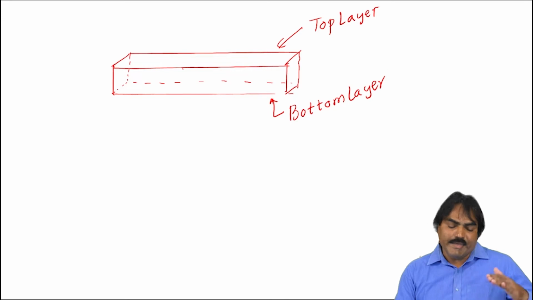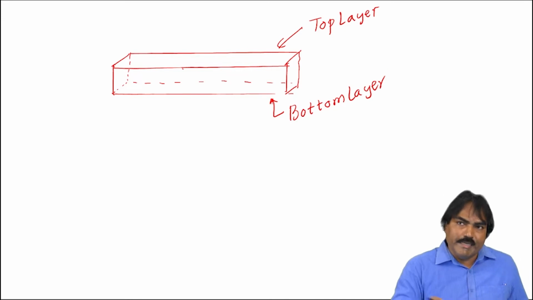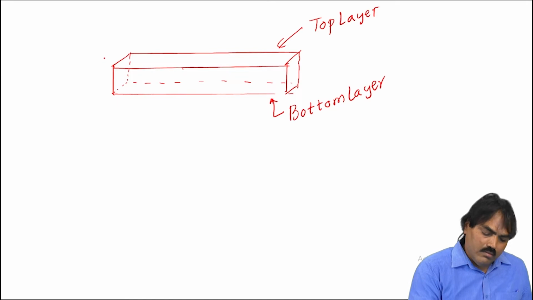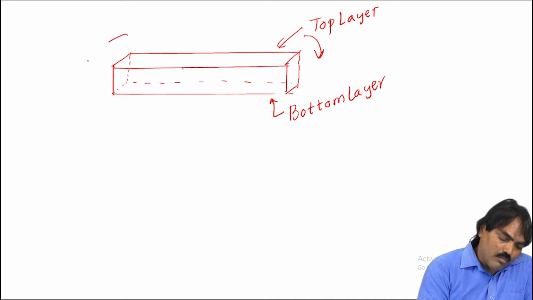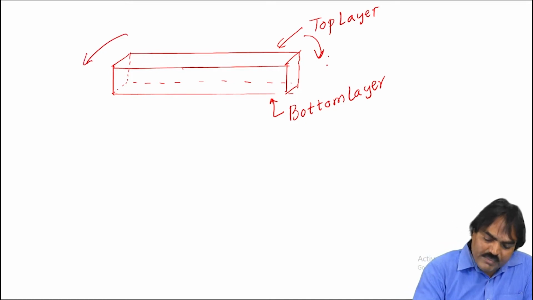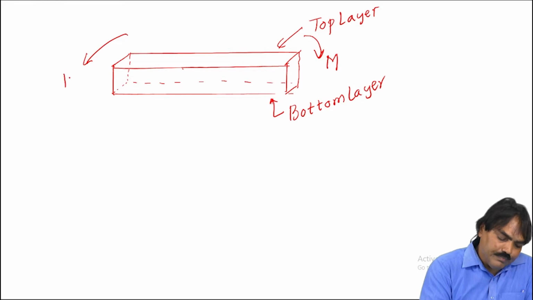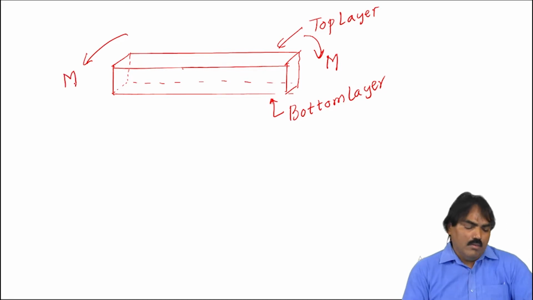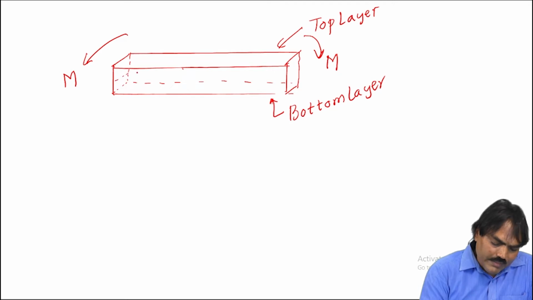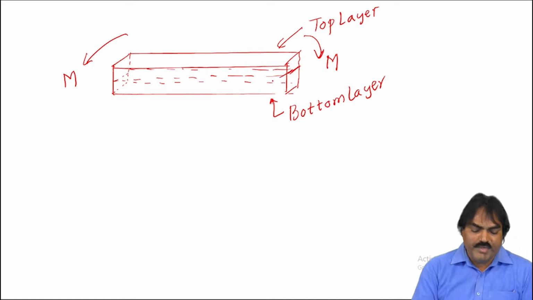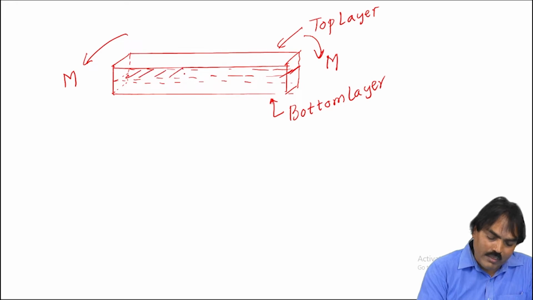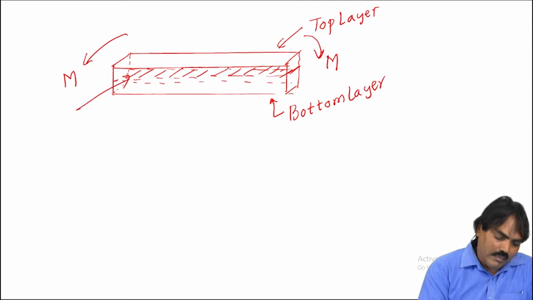Like this, the beam will contain an infinite number of horizontal layers. The top layer will be under tension, and the bottom layer will be under compression when this beam is subjected to bending moment M. Now, there is a layer at the center of the beam, and that layer is called the neutral layer, which is unaffected by the bending moment.